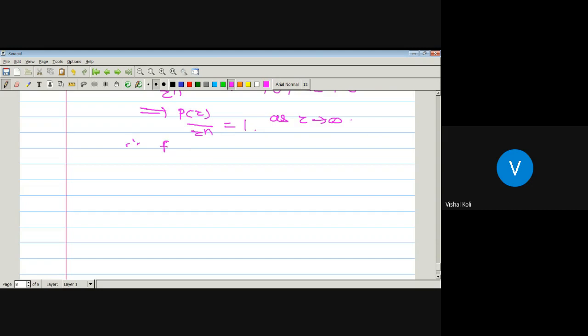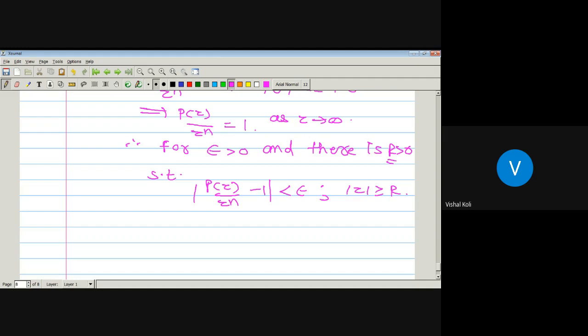Therefore, for any epsilon greater than 0 there is a capital R greater than 0 such that modulus of p of z divided by z to the power n minus 1 is less than epsilon whenever modulus of z is greater or equal to R. Since z is tending towards infinity, R will be a finite quantity.